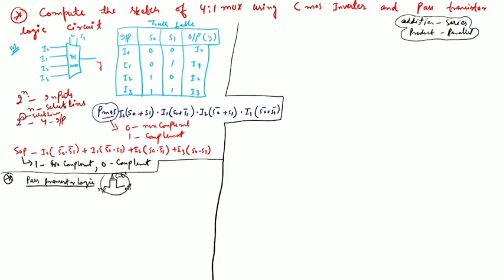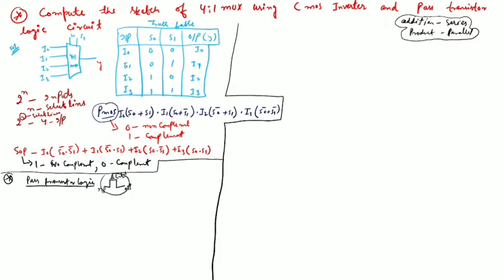This is a 2:1 multiplexer. In this 4:1 multiplexer, n is 2, so 2 is the number of select lines, and 2 raised to power 2 is 4, so there are 4 inputs, and Y is the output of this 4:1 multiplexer.